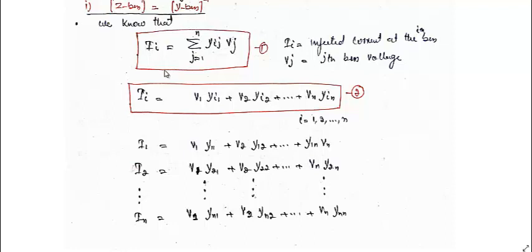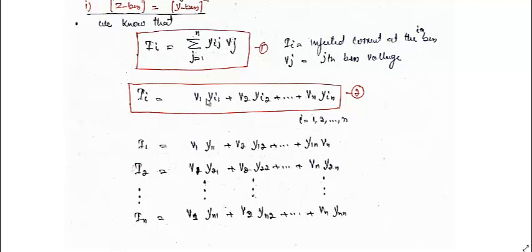We know that from the load flow analysis, Ii is equal to summation j is equal to 1 to n Yij Vj, where Ii is the injected current at the bus, and Vj is the jth bus voltage. If we have Vi, that means the ith bus voltage.